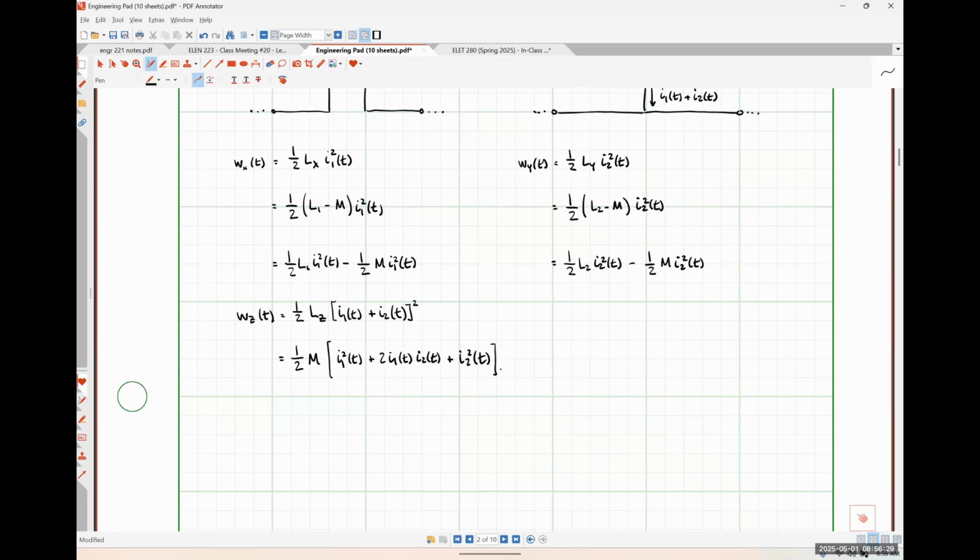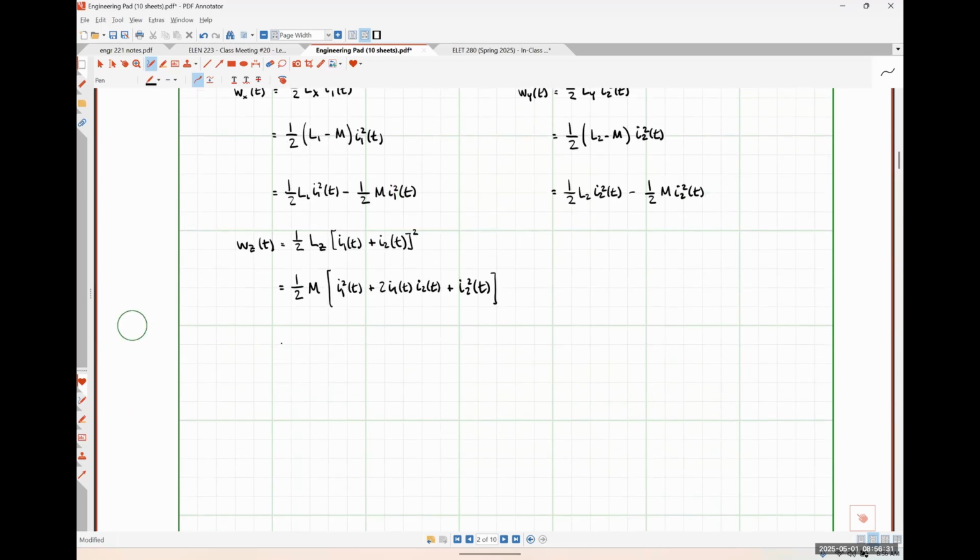And now I'm just going to break this thing down like I did the others. So that would be 1/2 M times I1 squared plus 1/2 M times I2 squared. And then I have a factor of 1/2 times 2, so those guys cancel each other out.